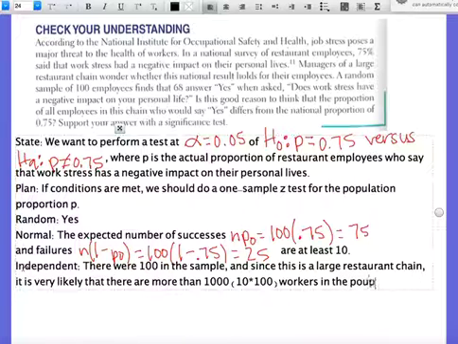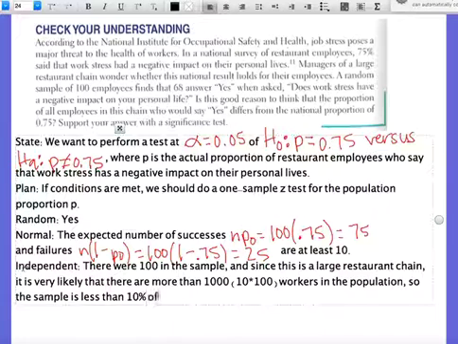So the sample that we're looking at is less than 10% of the population. So this means that all conditions have been met.